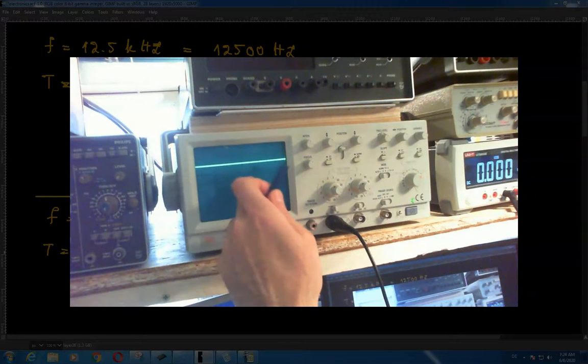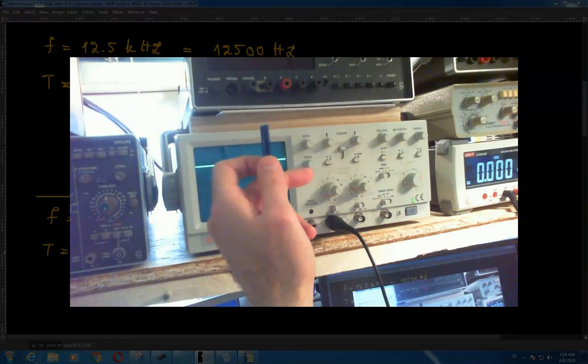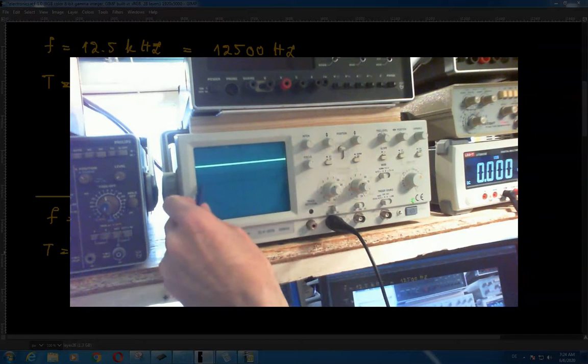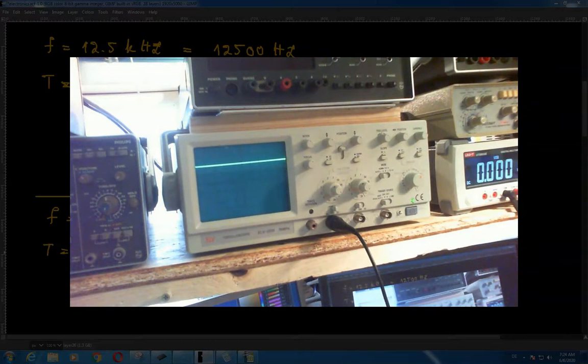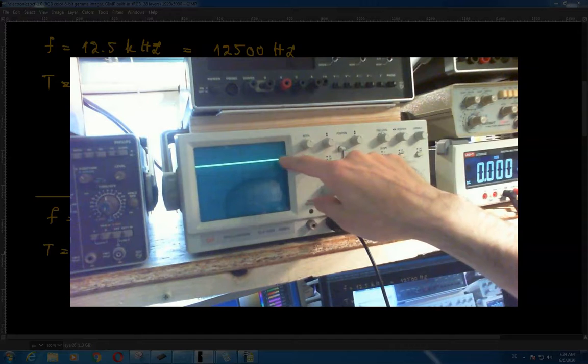As you go towards the right, time is going by, and each of these represents 10 microseconds, and so on and so forth. So you can see that your voltage over time stays constant.